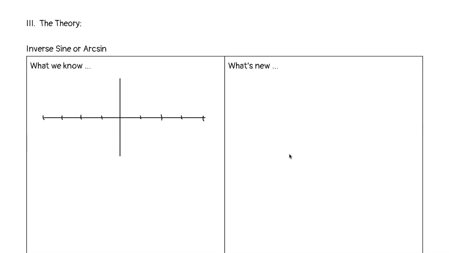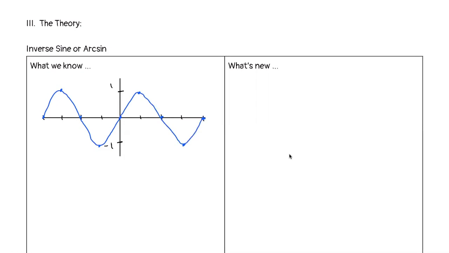So the highest point will be 1, the lowest point will be -1. And then our graph will kind of go like this, up and down and down and up. And then same thing over here. And so we'll have sort of this wave-like pattern for the graph of sine, okay?